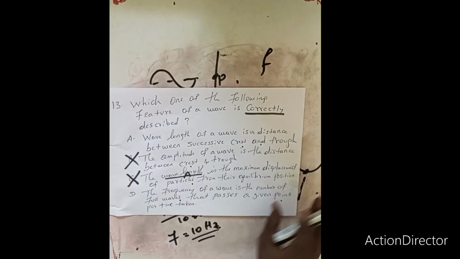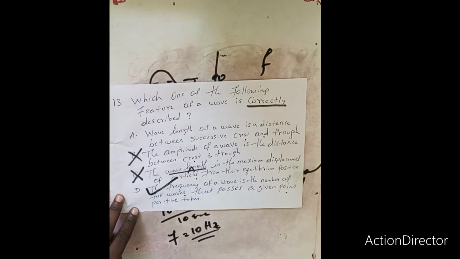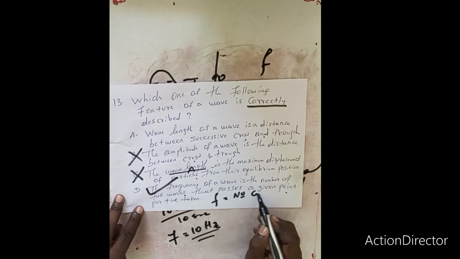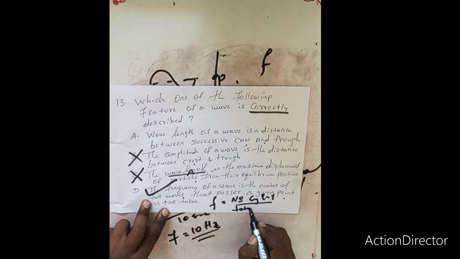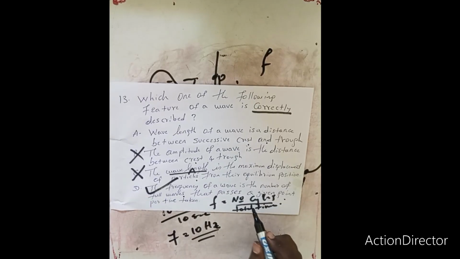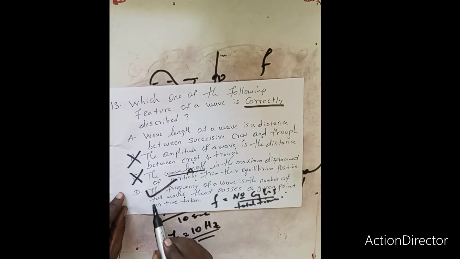So the frequency of a wave is the number of full waves, not half waves, that pass through a given point per unit time. This is correct. It gives you the frequency, which is the number of cycles over the total time. 100 cycles means one cycle is represented by one full wave.